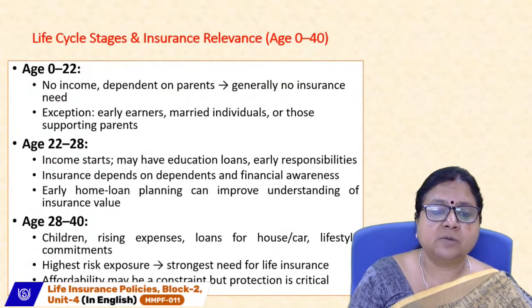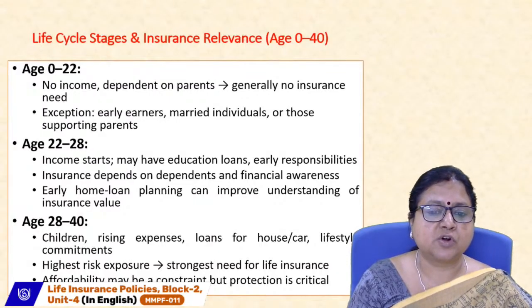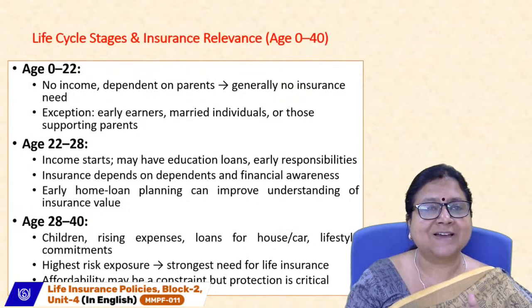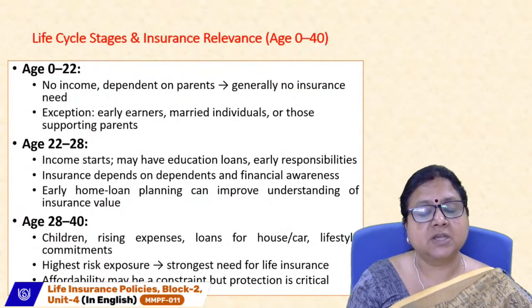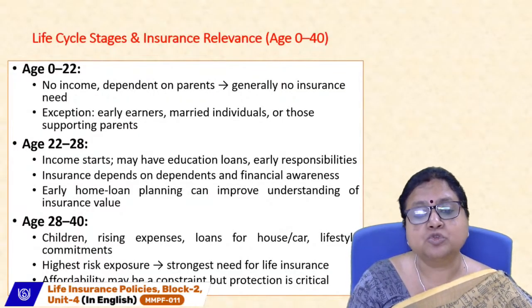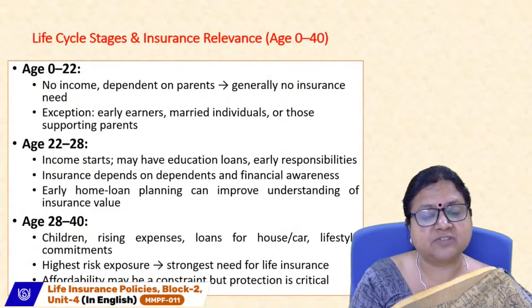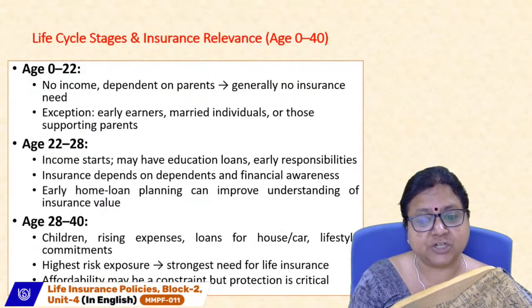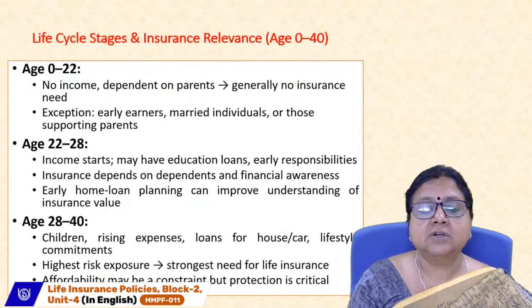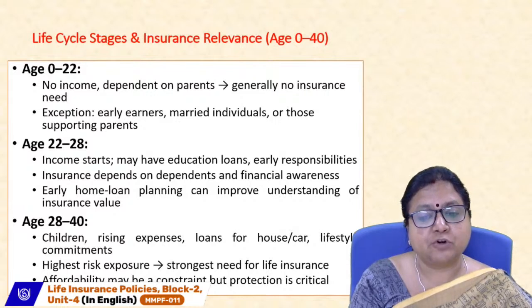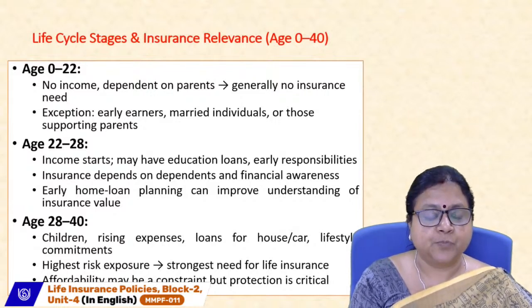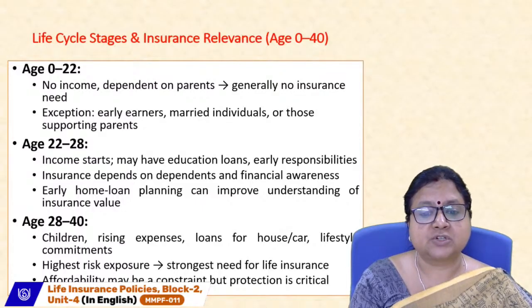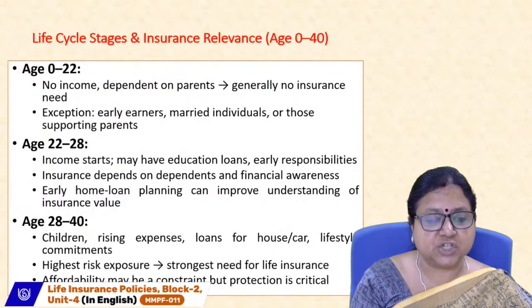For a vehicle purchase you will have insurance, and for purchasing a house you need insurance. Gradually, as you go higher in age, the exposure to risk becomes higher. So at this stage you have a strong need to forecast the future and purchase a life insurance accordingly. Affordability may be a constant, but protection is very much essential here.